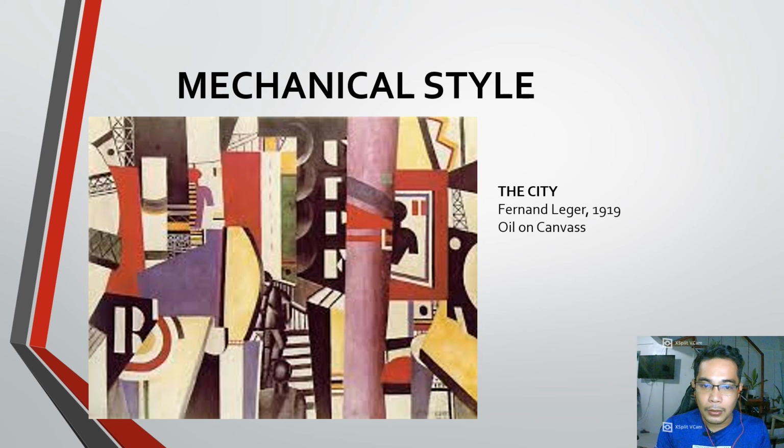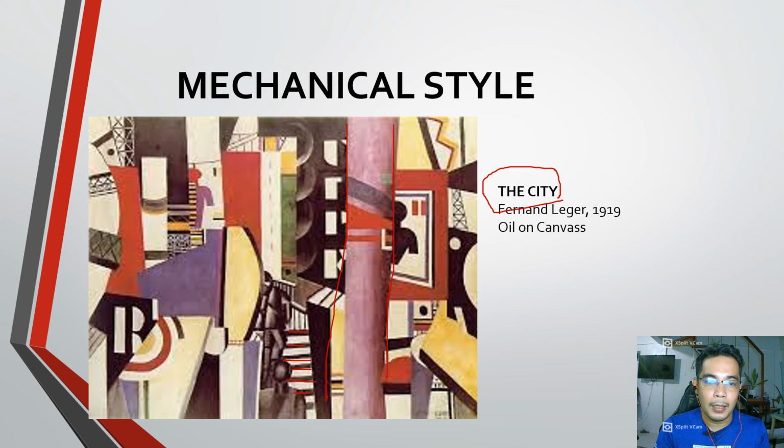Okay? So, ito is The City. Ang title ng artwork na to. This City by Fernand Ledger, 1919, also oil and canvas. So, The City. Wait lang sir, paano The City? Wait lang ha, pag-isipan natin. Oh, ito, poste. Ha? Ito, poste. Ito, hagdan. Okay? Meron siyang specific na lugar sa painting natin.